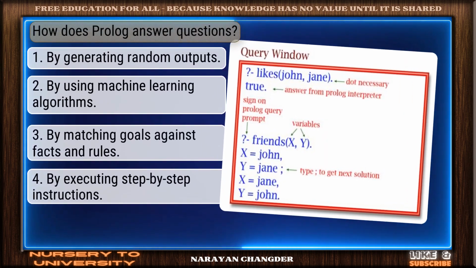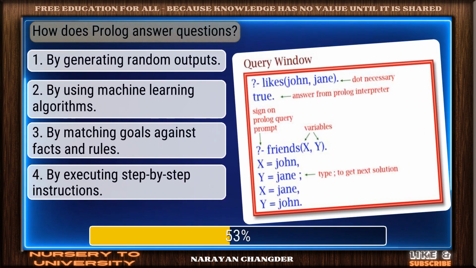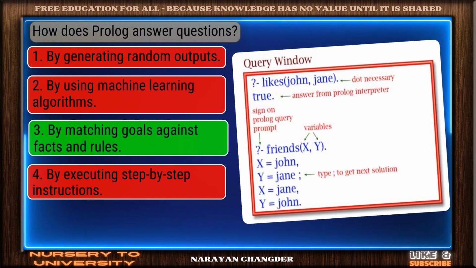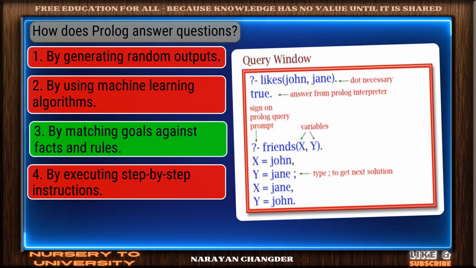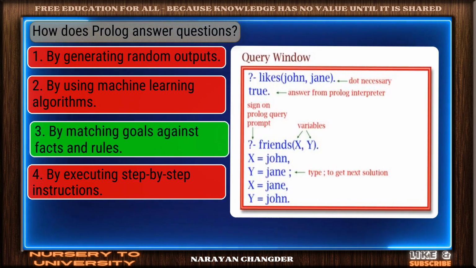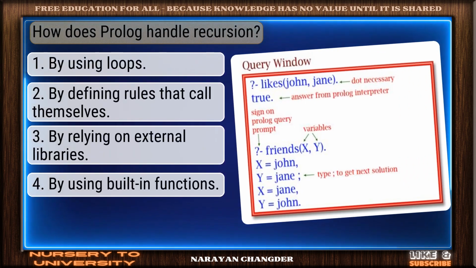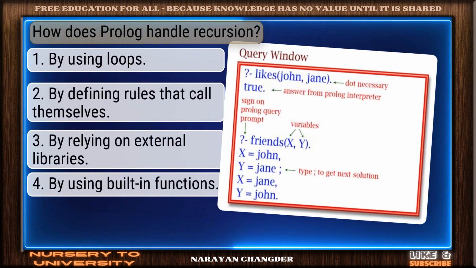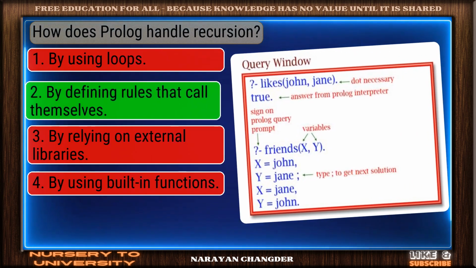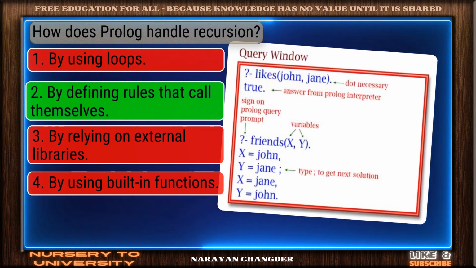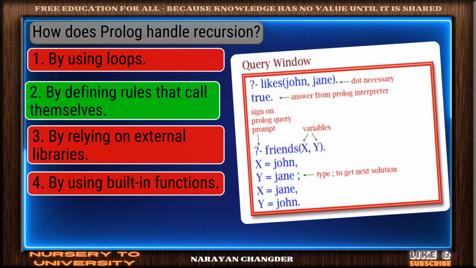How does Prolog answer questions? Strong choice. By matching goals against facts and rules is the right answer. Question number 30. How does Prolog handle recursion? You're right. By defining rules that call themselves is the correct answer.